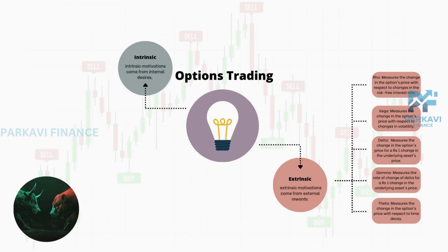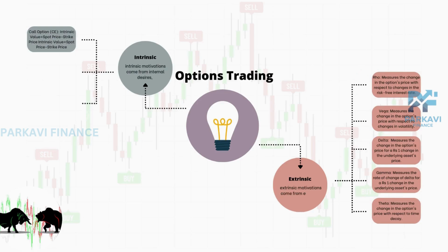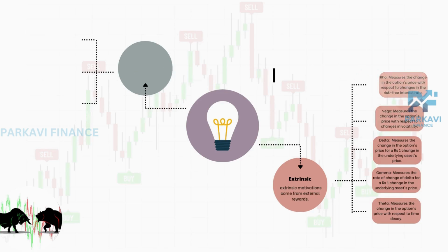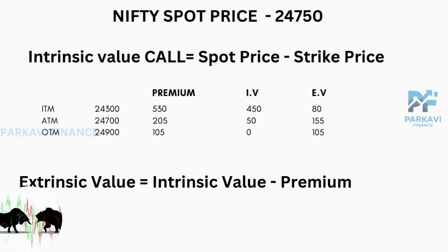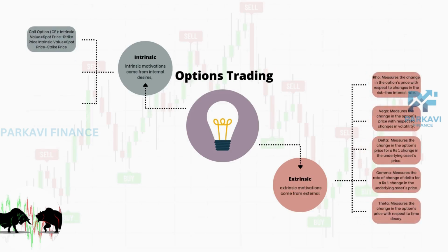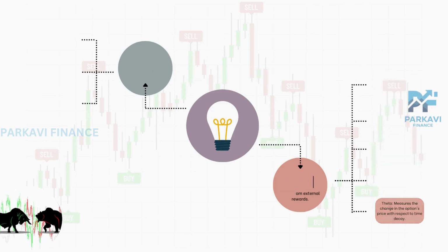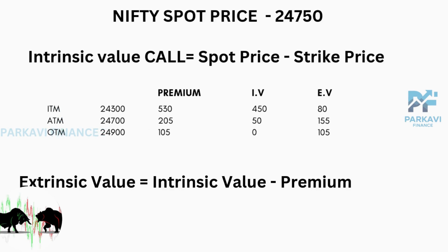Now we look at intrinsic value. For intrinsic value there is no definition, only a formula. There is a different formula for call option and put option. First we look at the call option. Intrinsic value IV equals spot price minus strike price.